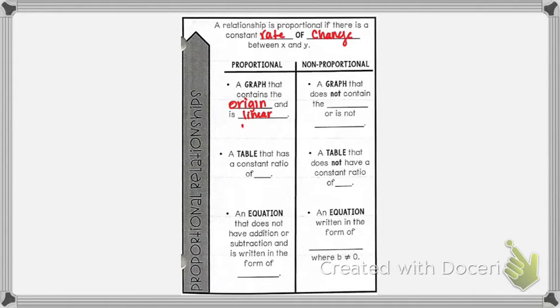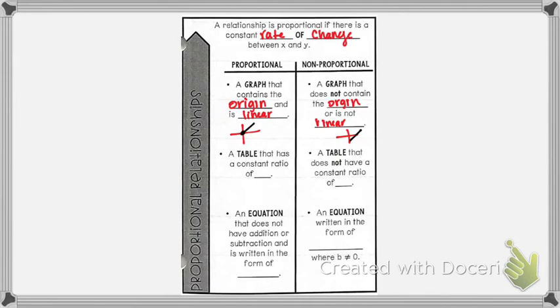Okay, so that means that they cross the origin at (0, 0). For non-proportional in a graph, it does not contain the origin and is not linear. So if you have a graph here, it's starting there, or maybe it's going down like that, right? But it's not starting at (0, 0), okay?